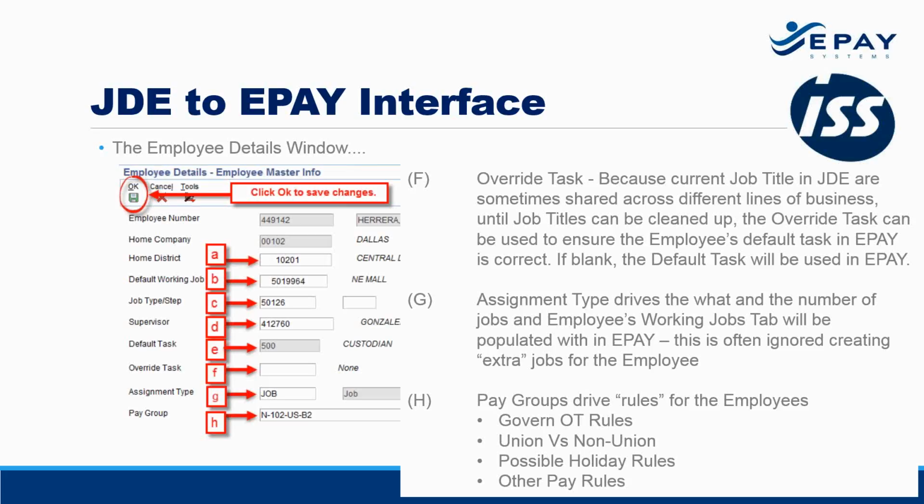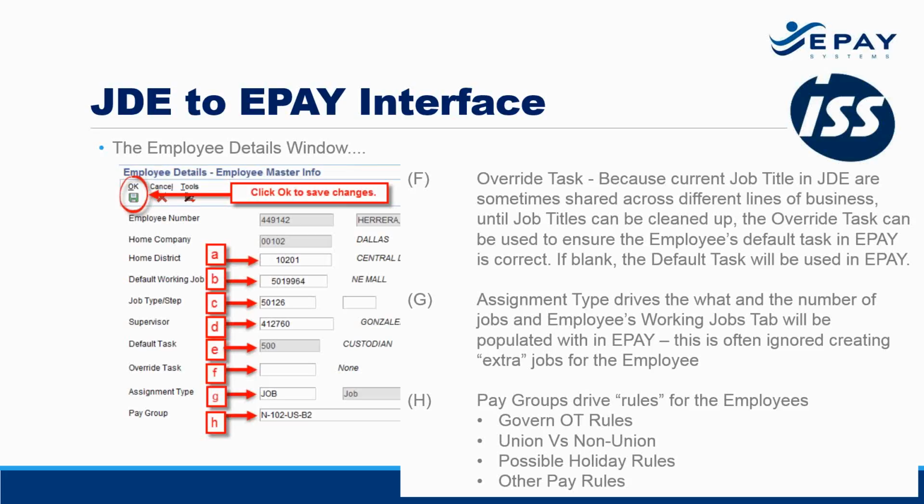If for some reason the pay group is incorrect or left blank, well, first off, if it's left blank, the system will say, I don't know what pay group this employee is going to belong to, so I'm going to wait to see what the first job this employee actually punches into is and take that job's default pay group. So sometimes that's correct, sometimes it's not. In this case of Dallas, Dallas is an office that's fairly simple in the way it's set up because we only have one pay group.